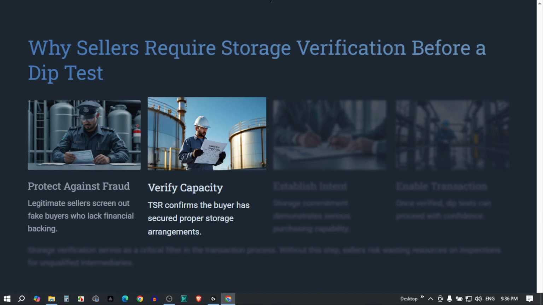So if the buyers are not providing a verifiable tank storage receipt, it's time to walk away from them. Clearly those buyers are fake buyers.